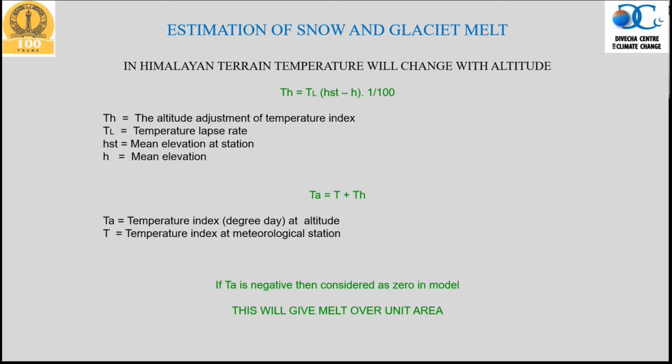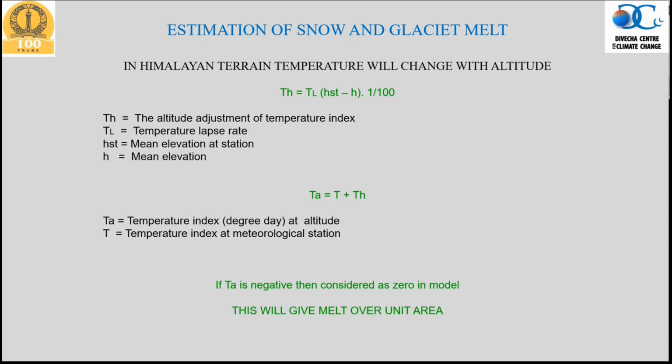Particularly in the Himalaya, temperature changes with altitude, so you can estimate temperature in different altitude zones by adjusting. TH is the altitude-adjusted temperature index, then there is the temperature lapse rate, the mean elevation of the station, and the mean elevation of the altitude where you want to estimate the temperature. So by using a simple relationship, you can do it.